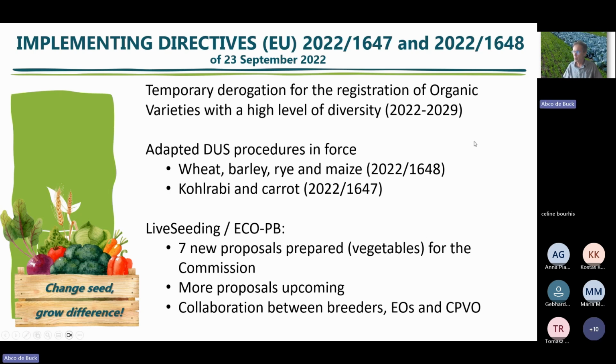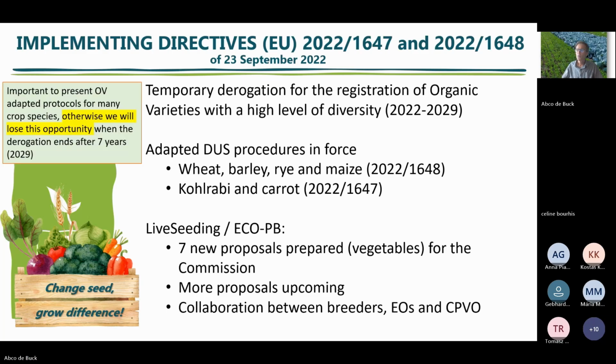More proposals are upcoming in collaboration. It is important to present many adapted protocols for organic varieties. Otherwise, we are afraid that we will lose the opportunity for organic varieties to be registered after the 7 years derogation has ended.